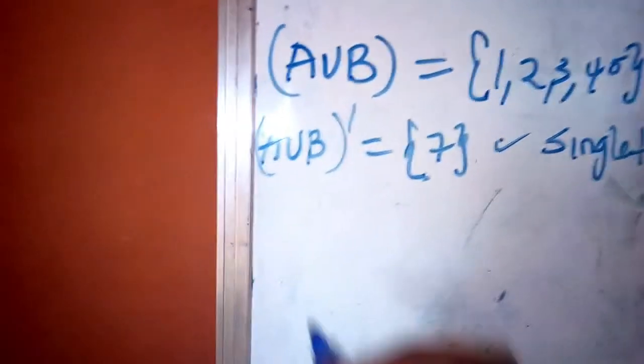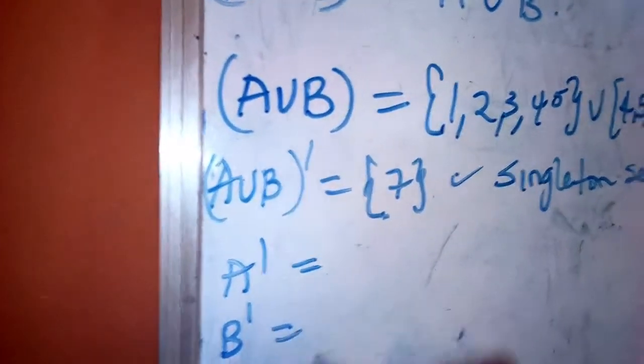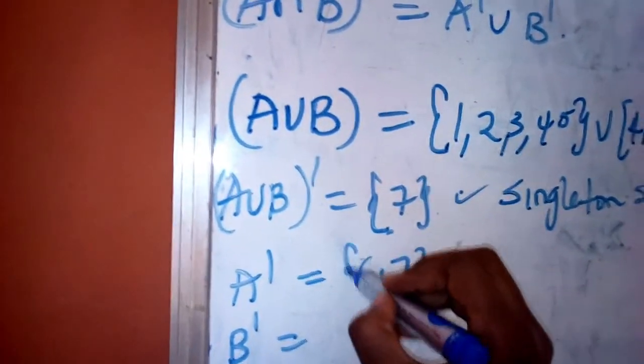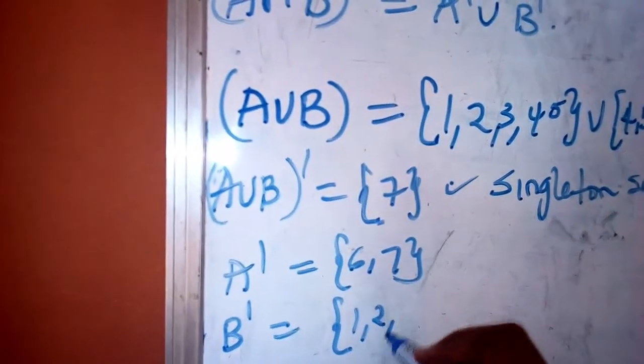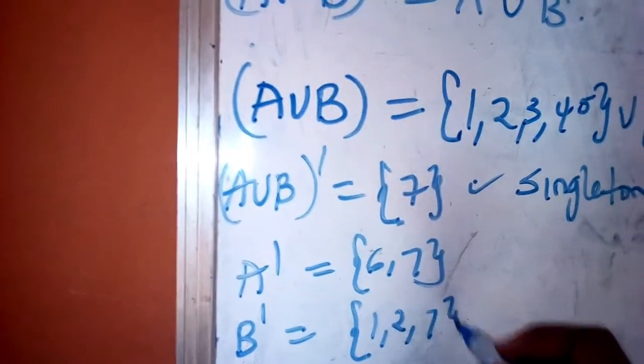Okay, so now we want to find A prime and B prime. A prime equals 6 and 7, and B prime equals 1, 2, and 7.